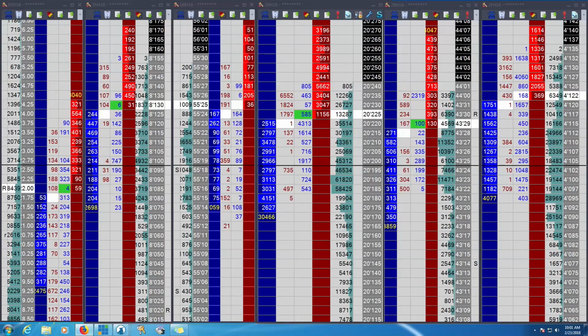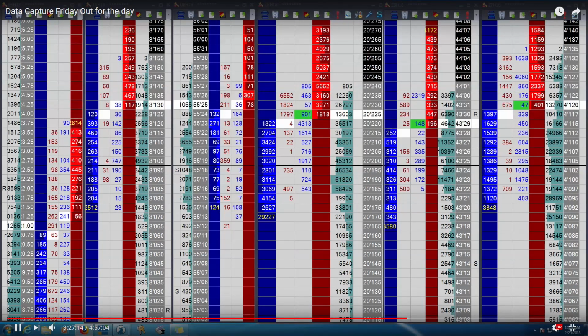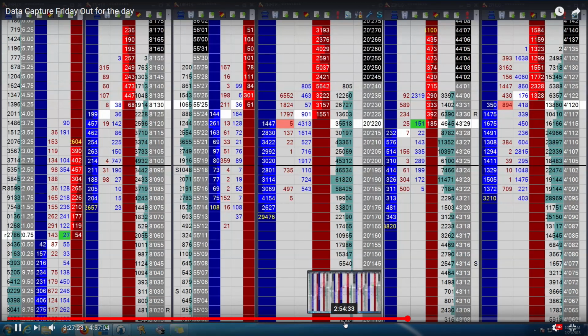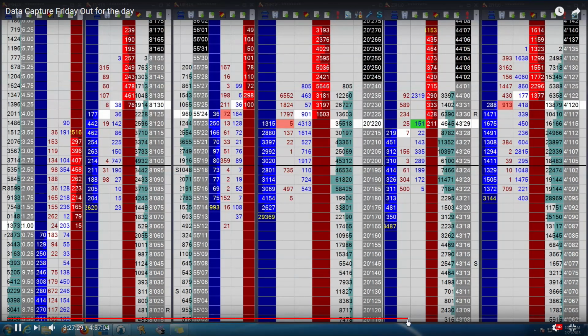Well, I mean, is there an obvious support, like a buy zone? You know what I mean? How long does it take for it to get to here, to the bottom? 05. So in 5 minutes. Damn. I wouldn't say the ES really correlates with that.